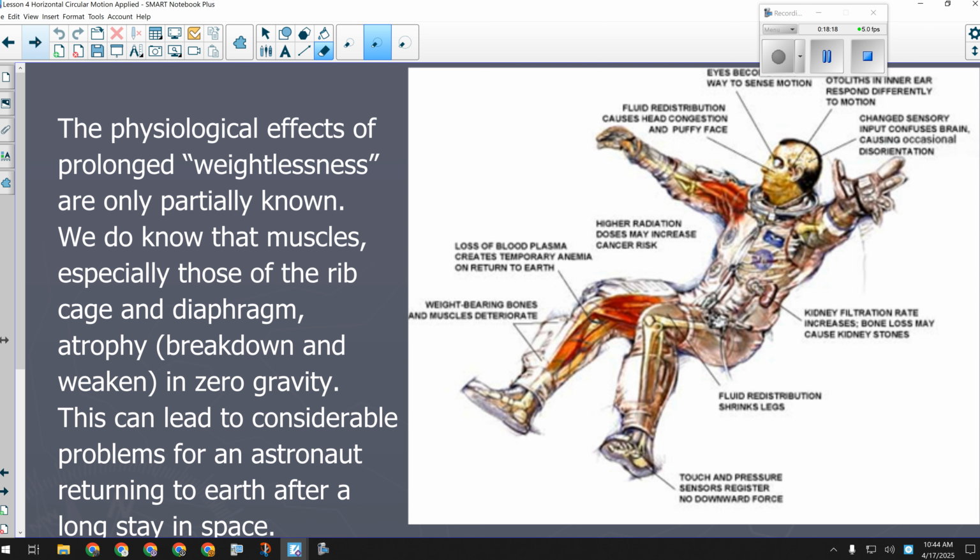Another thing that happens is your balance center completely changes. On Earth, in regular gravity, the middle ear tells us about our orientation. If we're right side up, upside down, or if we lean to one side, the ear detects that and the brain automatically tenses the muscles on the other side of the body to keep you from falling. In space, that doesn't work at all because there's no gravity to tell your middle ear which way is up and down.